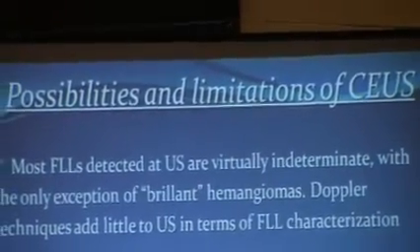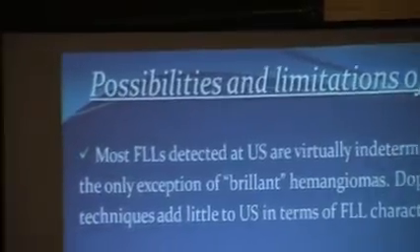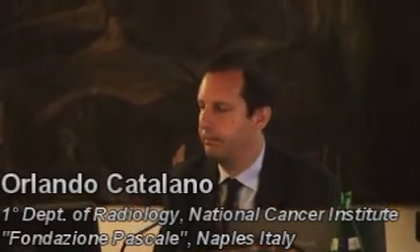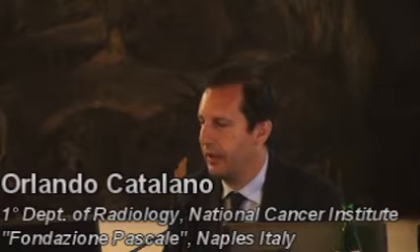Instead, CEUS is very accurate in characterizing these lesions. Its accuracy does not depend on the size of the lesion, on the baseline appearance of the lesion, the degree of echogenicity, or on the kind of the background, whether normal or fatty.